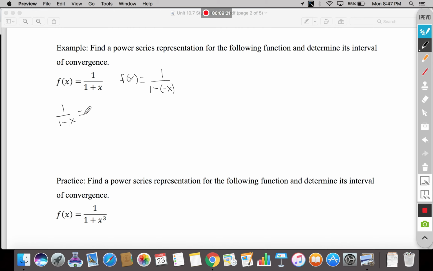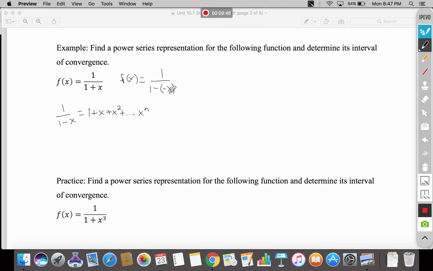I know that that would be equal to 1 plus x plus x squared plus, and so on and so forth, x to the n.